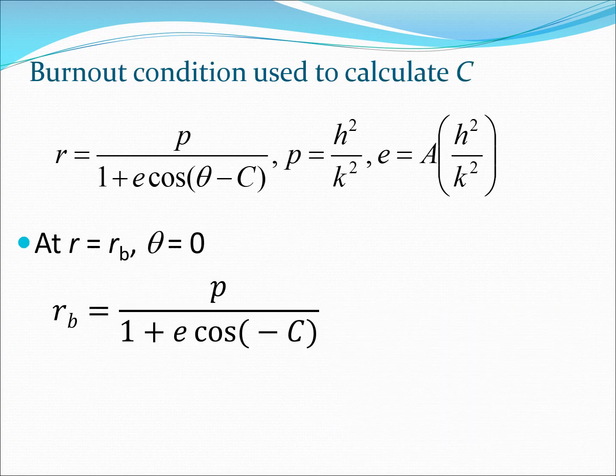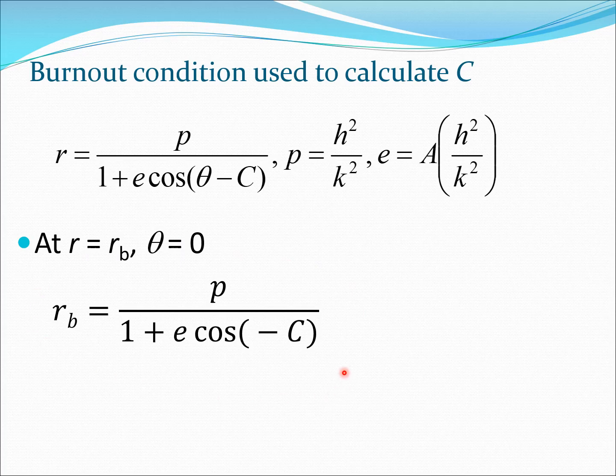So we have to actually calculate some of these parameters such as C, and one of the ways to calculate it is to use something known as the burnout condition. For example, if we take this equation for r, we can say that at r equals r_B, theta is 0. This is from convention. So I can take this equation for r, plug in r equal to r_B, theta equal to 0, and I get the denominator as 1 plus e cos(minus C).